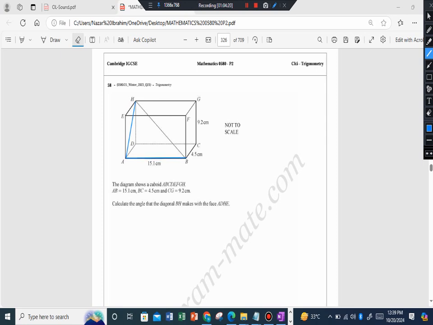We should know which triangles we are discussing. In order to calculate this angle which diagonal BH makes with the face ADHE, we need two sides. One is known to us. Let us make this triangle A, H and B.